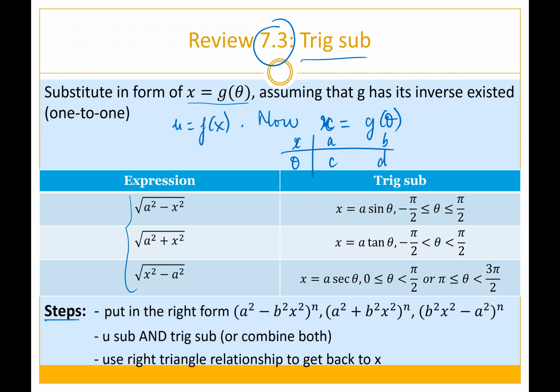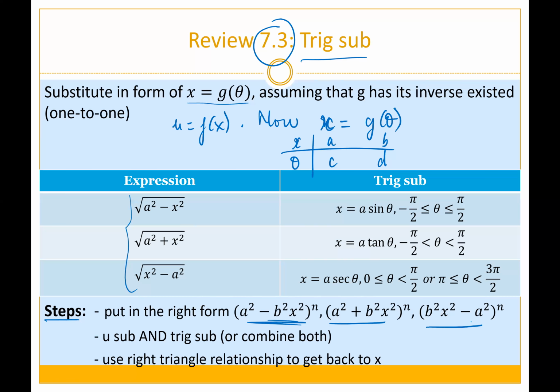So the steps: first you put it in the right form. Even if you have just a small hint that there is something squared minus or plus x squared, try to put it in the form, and sometimes it usually works in this kind of form.